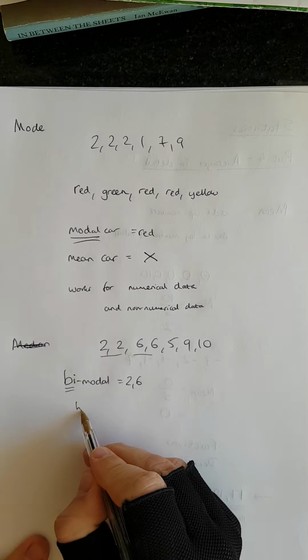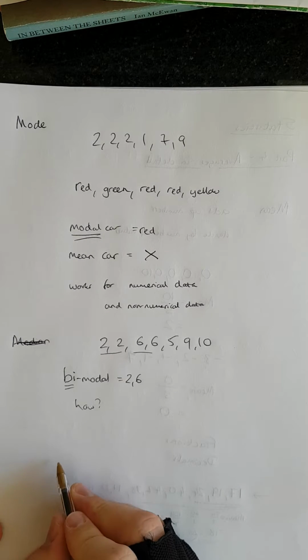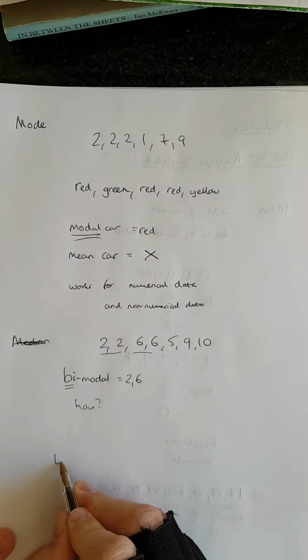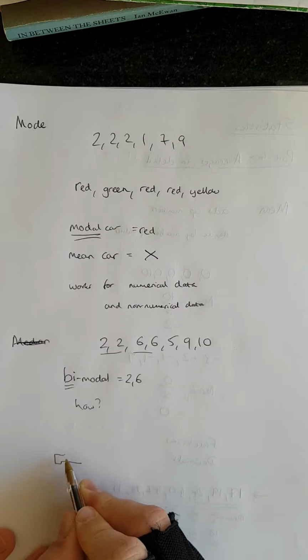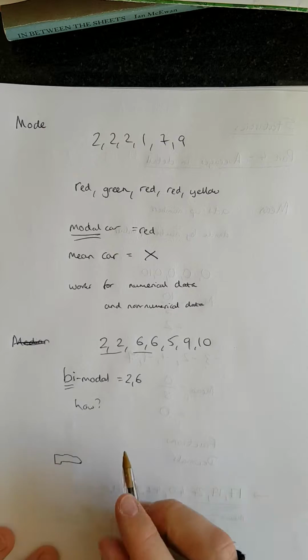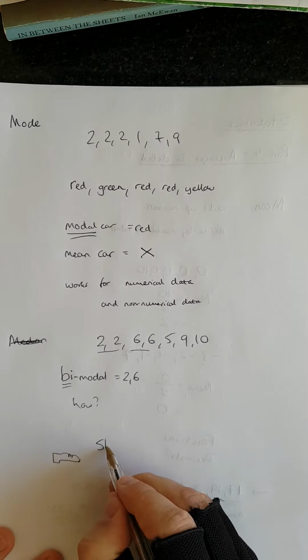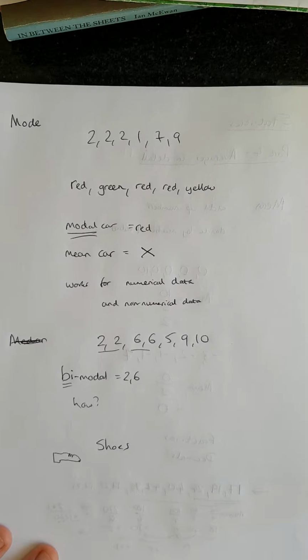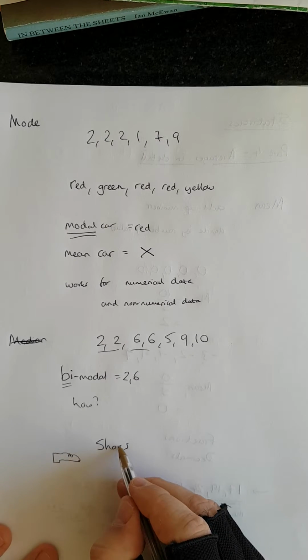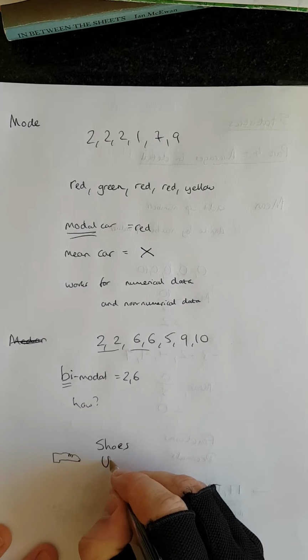How can this happen? Well, it's quite easy really, and there's a very common case that happens in society. Now this is a bad drawing, but I think you'll work out what I'm trying to draw. Nope, probably not. Let me put some laces on it. Shoes. We have a bimodal situation with shoes in the UK.